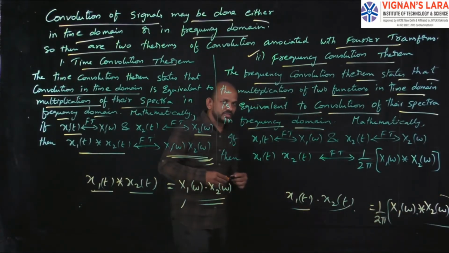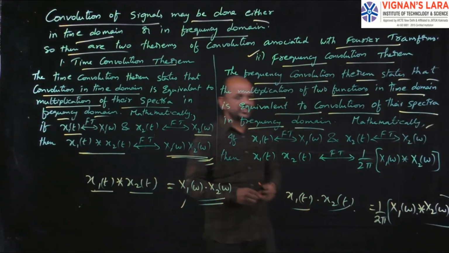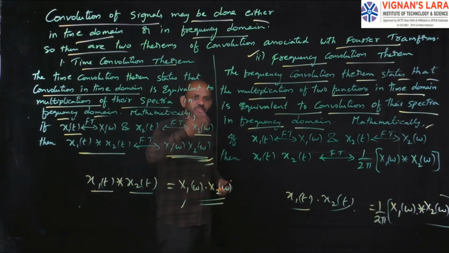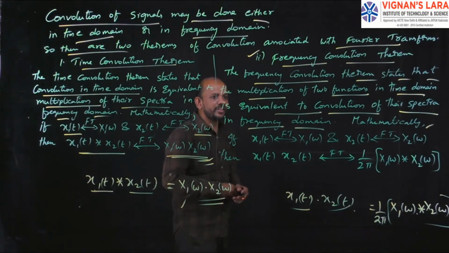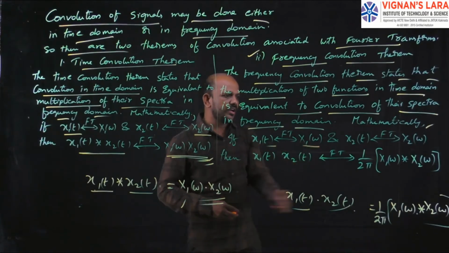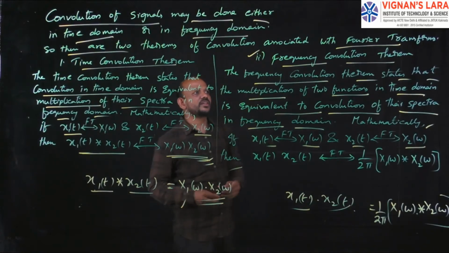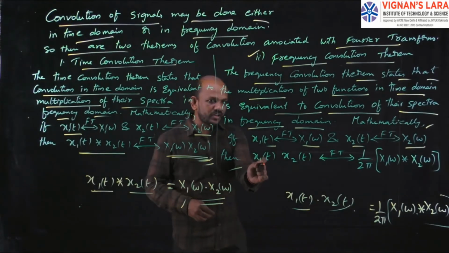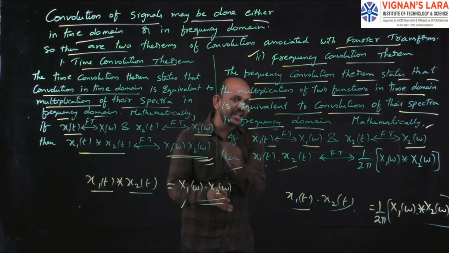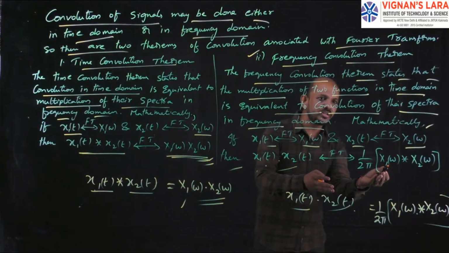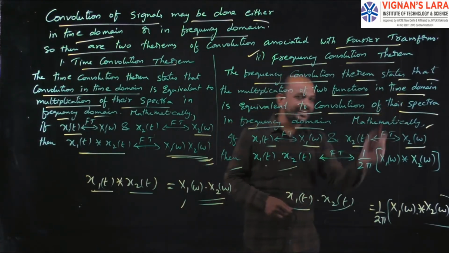Okay, simple logic. So this theoretical explanation I can write mathematically. For this I need two signals, x1 of t and x2 of t, and if x1 of t has a Fourier transform X1 of omega and x2 of t has a Fourier transform X2 of omega, then the frequency convolution theorem states that x1 of t into x2 of t, that is multiplication in time domain, is equivalent to convolution of their respective spectra in frequency domain.